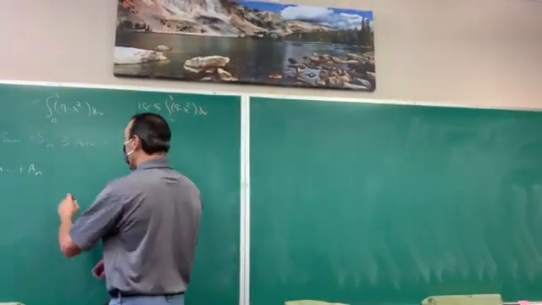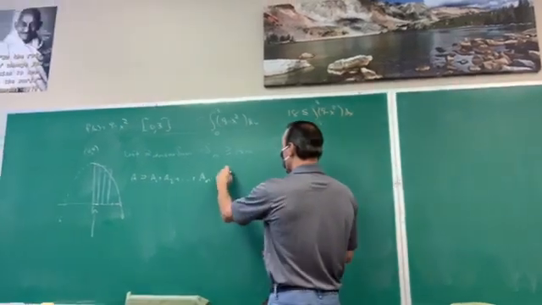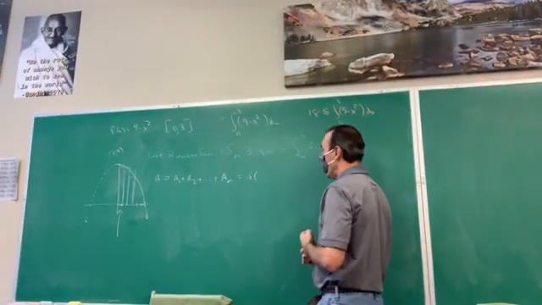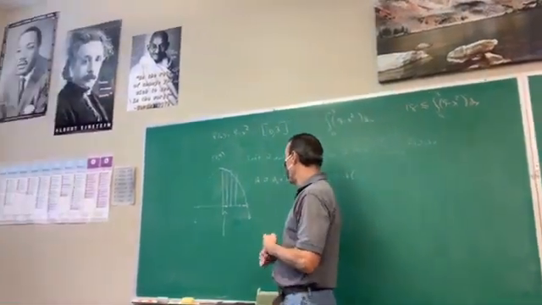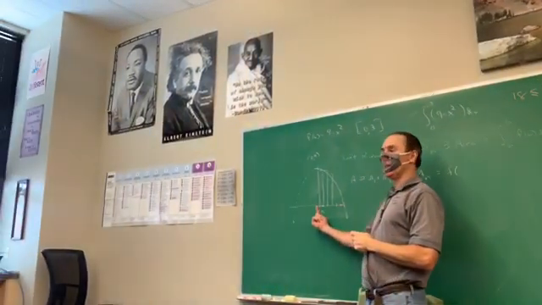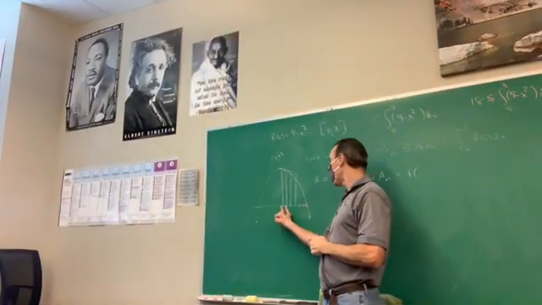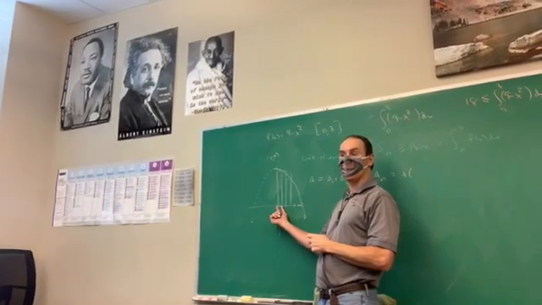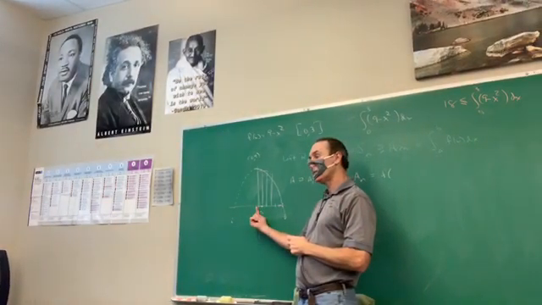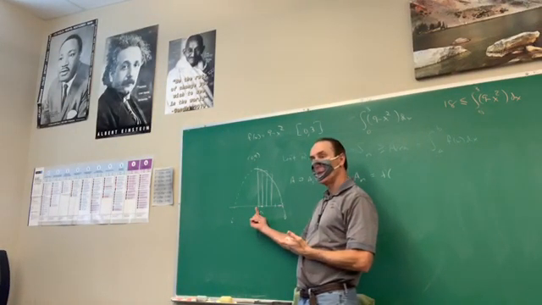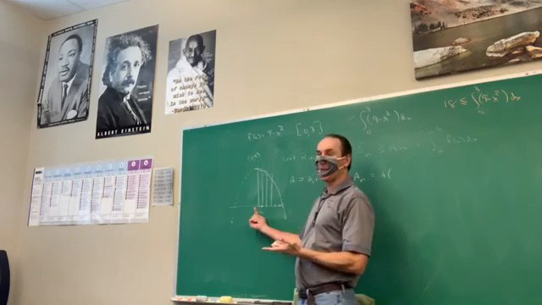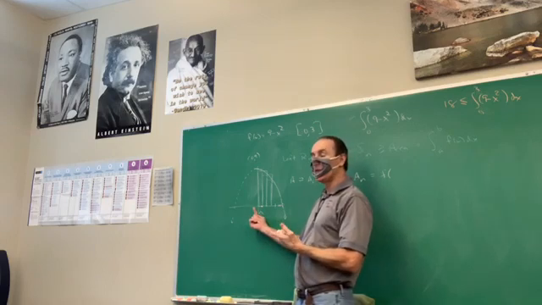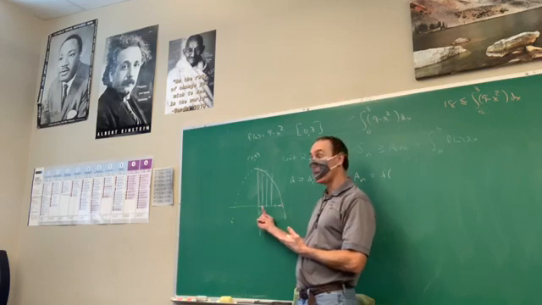So that first rectangle is going to be f of, well, let's see. Now we're on the left side. So the left side of that first rectangle has an x value of 0. I'm going to think of it as being 0 delta x's to the right.